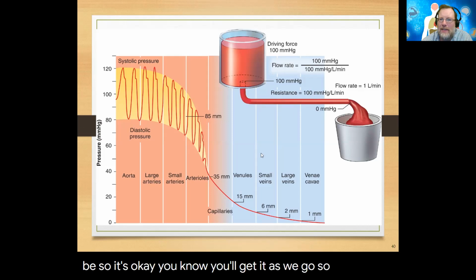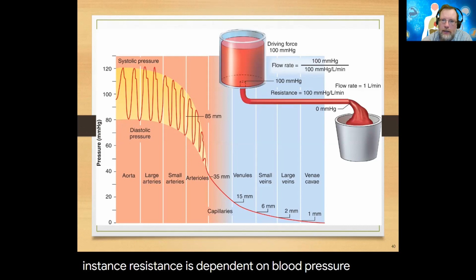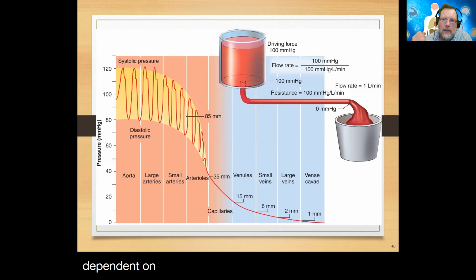So resistance, that's how well we're able to move a fluid, for instance. Resistance is dependent on blood pressure. It's dependent on blood thickness or viscosity.